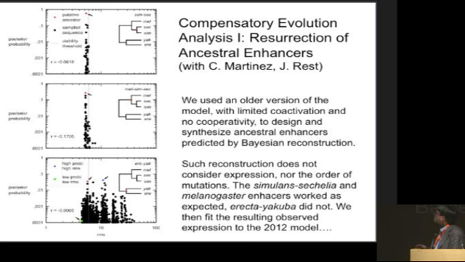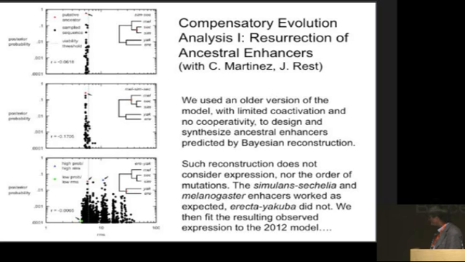And so what we decided to do was to resurrect the ancestral enhancer. Marty called this the Hopeful Monsters Project, but I like Jurassic enhancers better. And express them in melanogaster and see what their expression was.